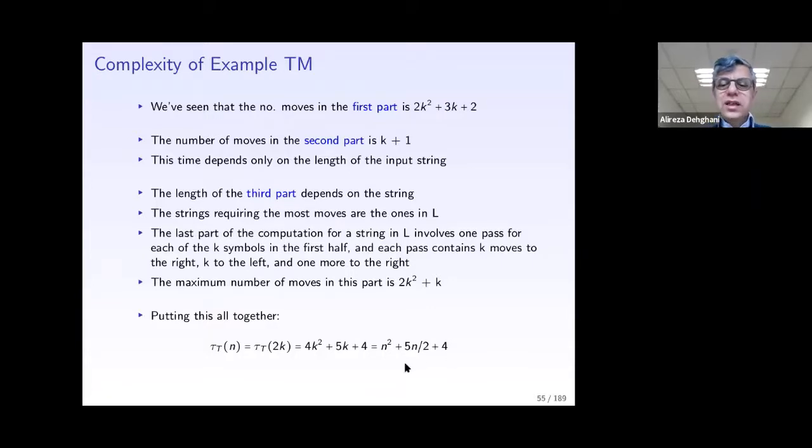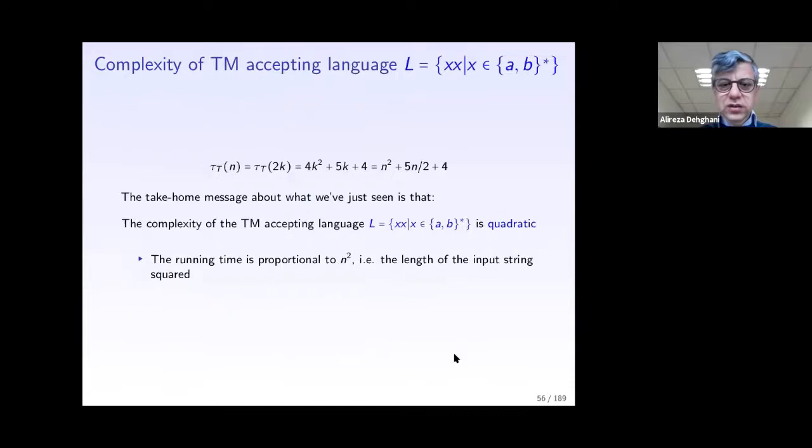For example, if the length of the string is 6, then the number of moves you need is 6² + 5·6/2 + 2. But in general, usually we get rid of the rest of the terms and only consider n². The running time is proportional to n², where n is the length of the input string.